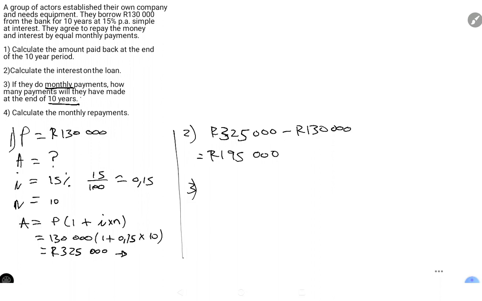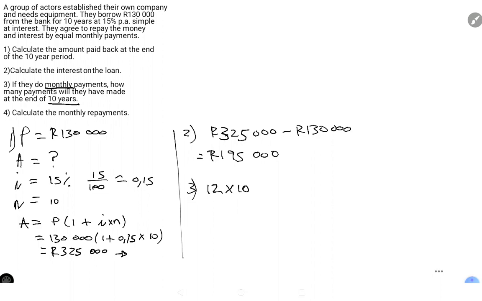Okay, so if you were to do something monthly for 10 years, you'd have to know something about months, right? In a year, we have 12 months.